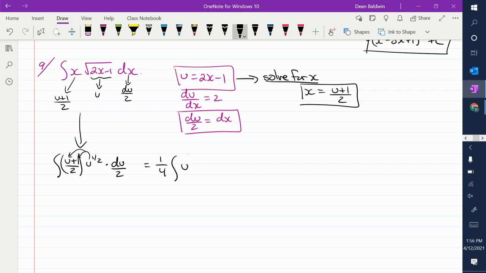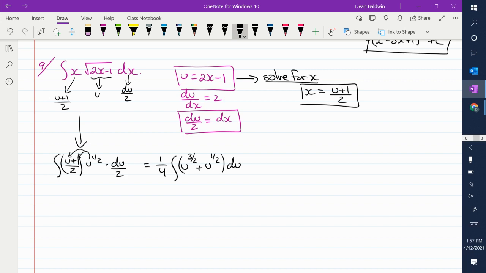U to the 3 over 2 plus u to the 1/2, all to the du. If you're multiplying exponents, I multiply u to the 1/2 times u, which is u. What do you do with the exponents? You add them, right? So it's u to 3/2.